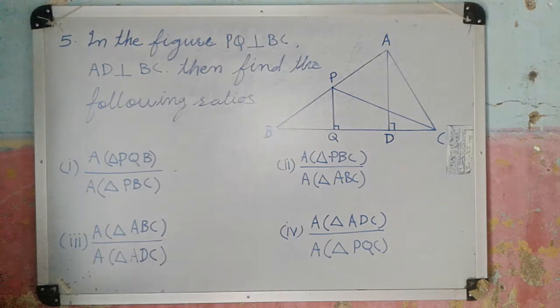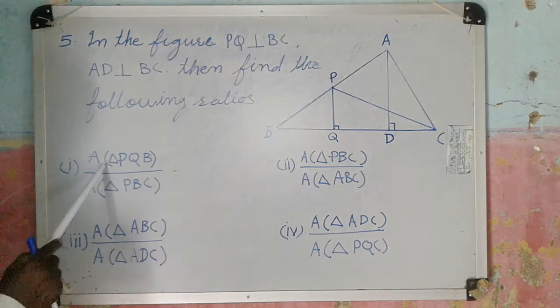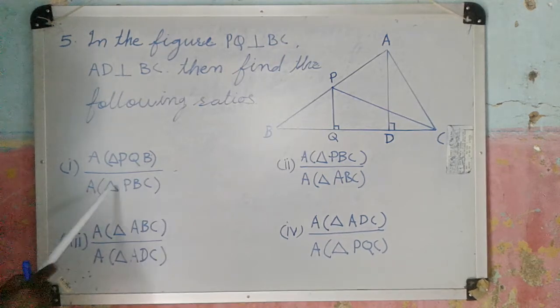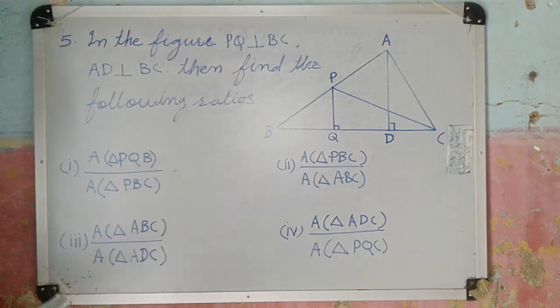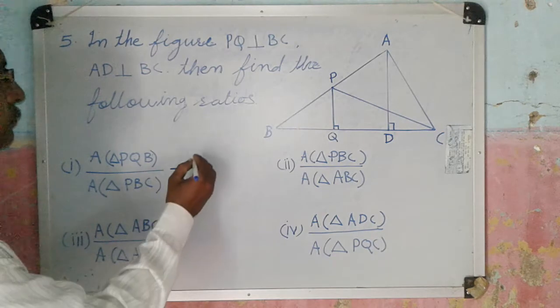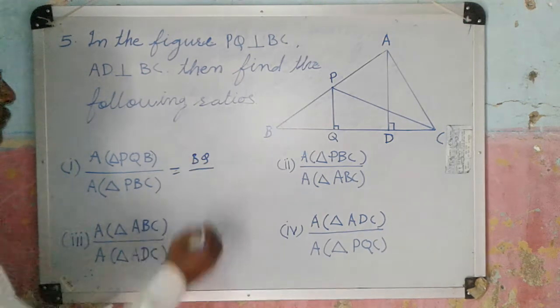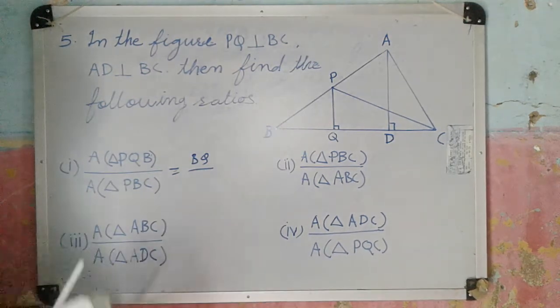That means both the triangles are of equal heights. So the ratio of their areas will be equal to the ratio of their corresponding bases. That means base of triangle PQB upon base of triangle PBC, that means equal to BQ upon BC.